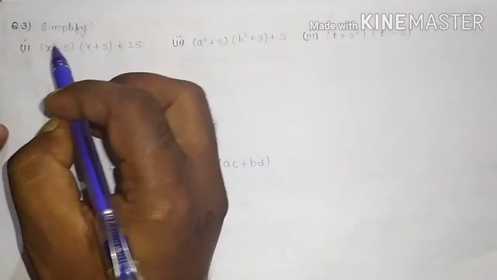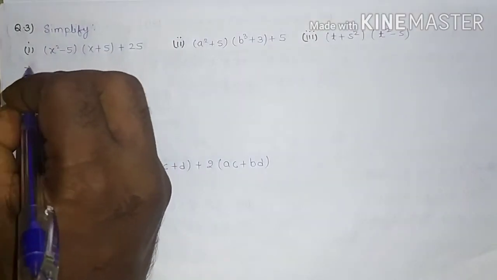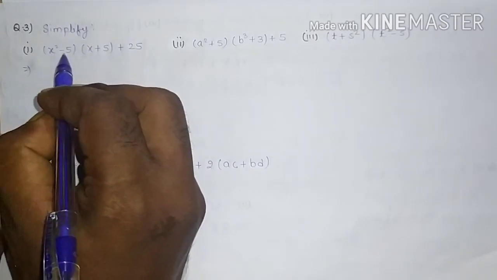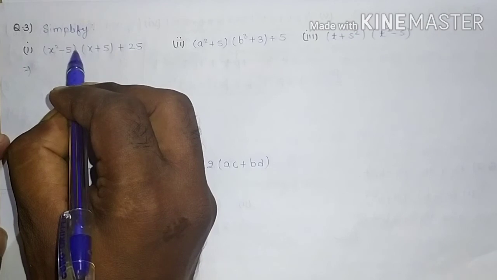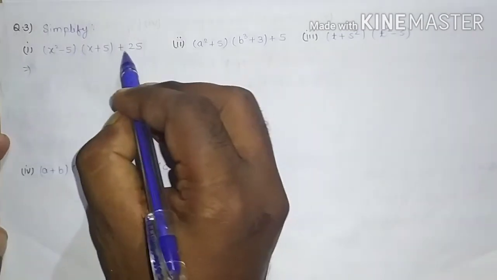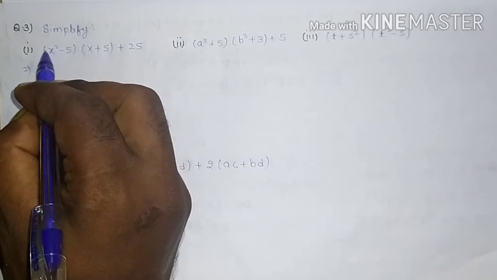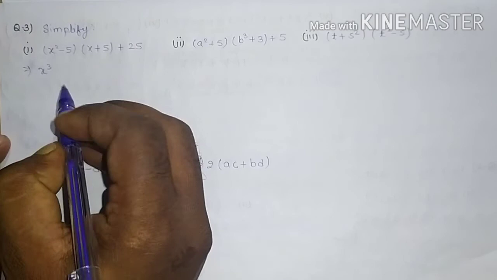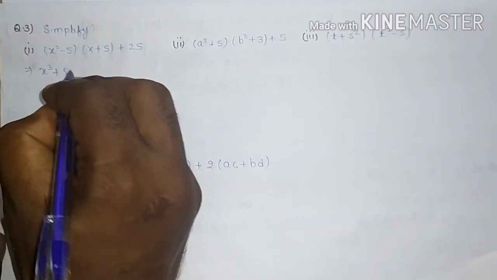Now question number 3. Simplify. Simply we have to simplify this expression. So (x² − 5) and (x + 5), there is a multiplication sign in between them, plus 25. So just simplify it. x² is multiplied into x, so it will be x³. x² is multiplied into 5, so it will be 5x².